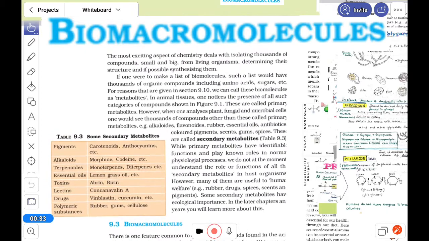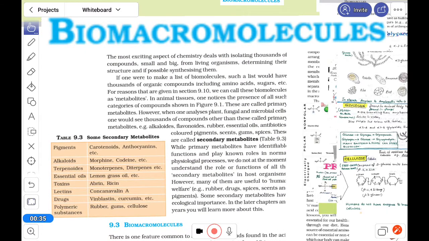What is called metabolites? Metabolites, you can say, are any substance which is necessary for the metabolism. Any substance that is formed or is necessary. In one word, you can say it is ingredients of the metabolism.